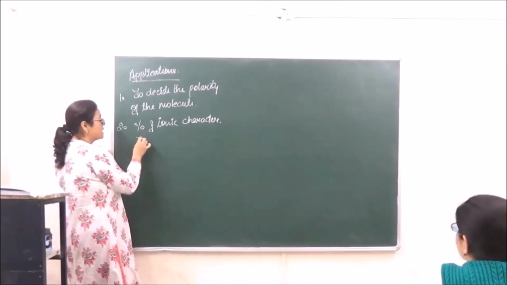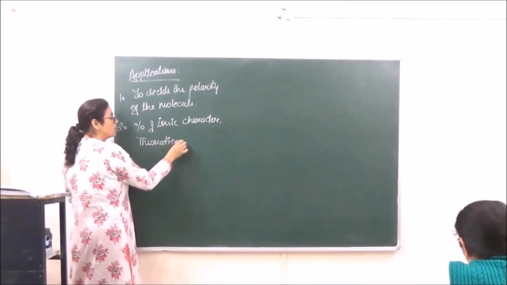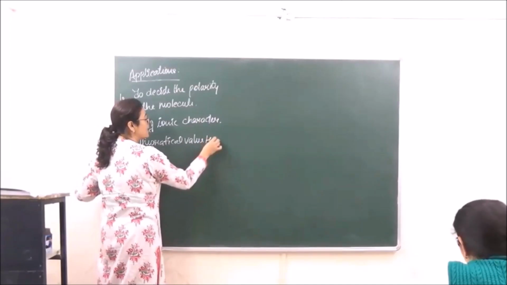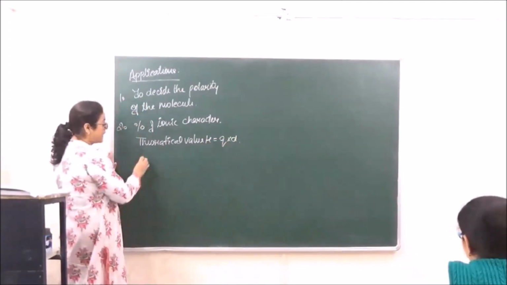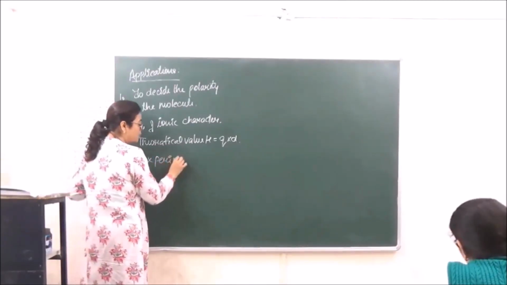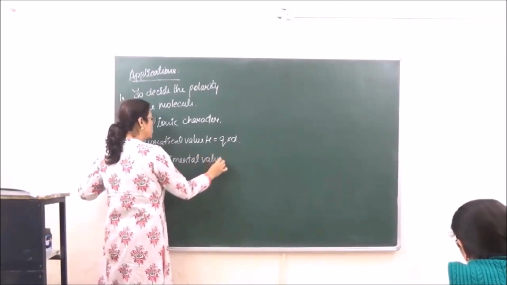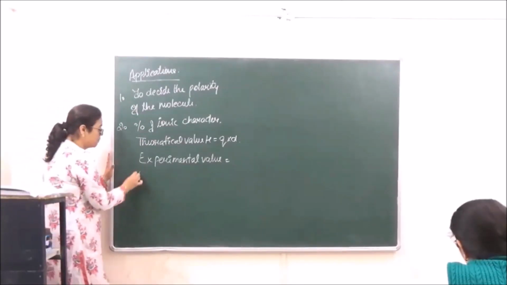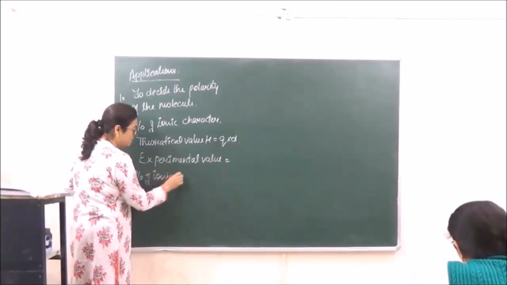One is known as the theoretical value of dipole moment, which is calculated as Q into D, and the other one is the experimental value, which is determined experimentally.